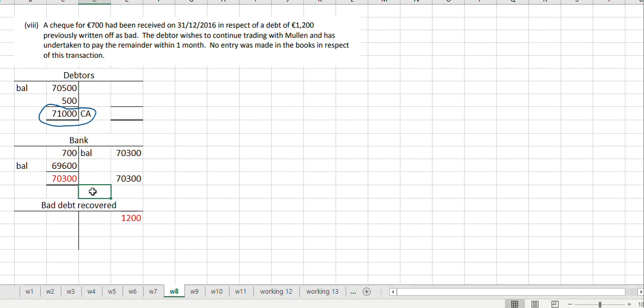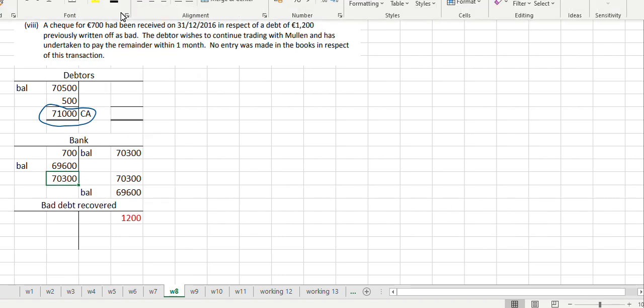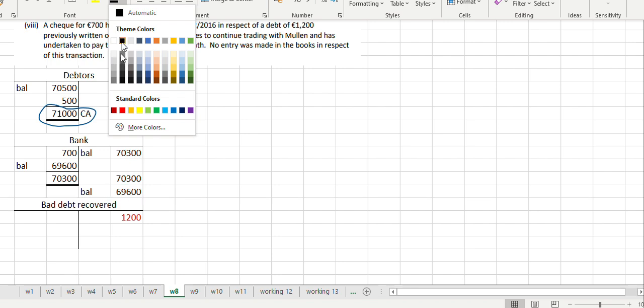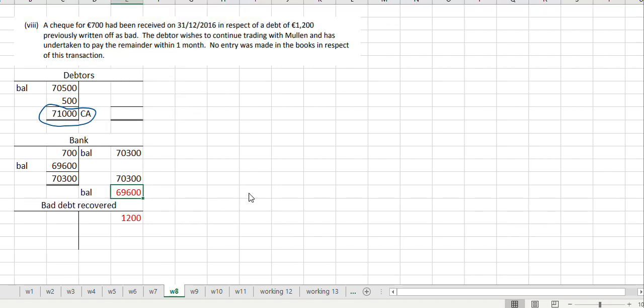It's going to be down on the credit side. That is your bank figure, and it's a current liability because it's on the credit side. It's a bank overdraft, 69,600. Your bad debt recovered of 1,200 is a gain or other income in your P&L.